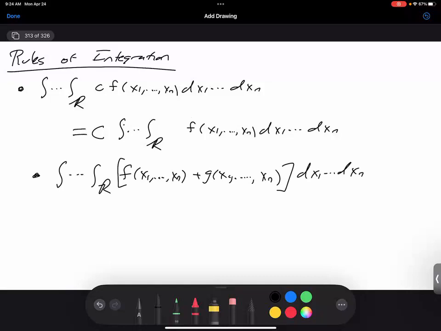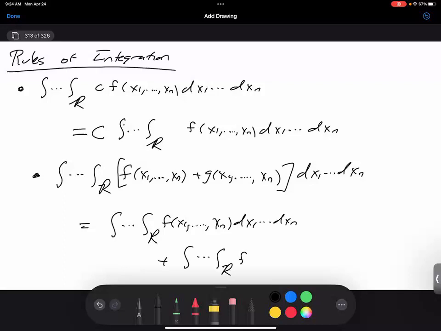So this would just be the integral over the region of f of x1 through xn dx1 dxn plus the integral over the region of g of x1 through xn dx1 dxn. This is exactly like what you've seen before.